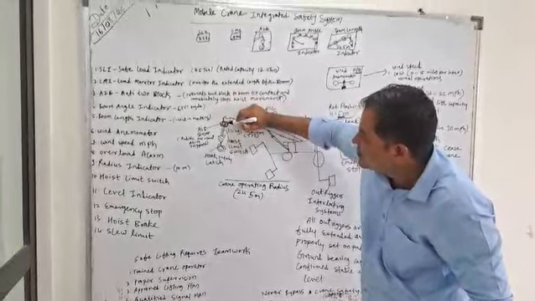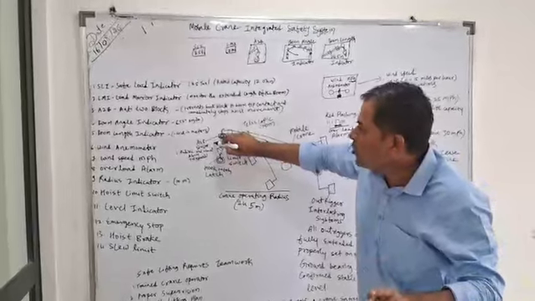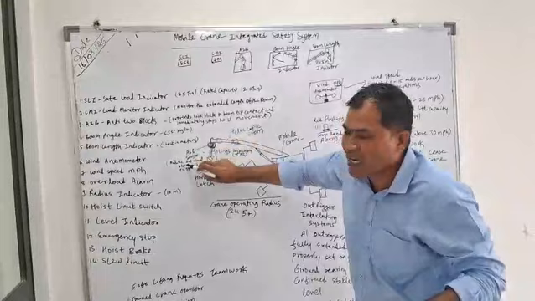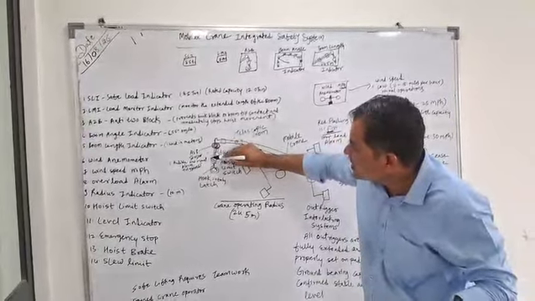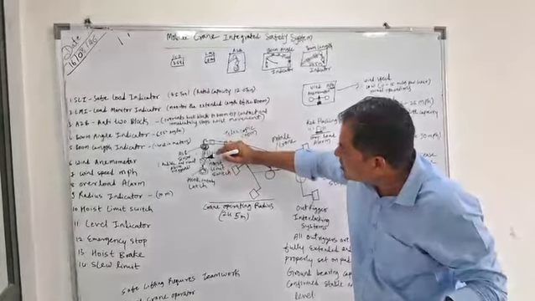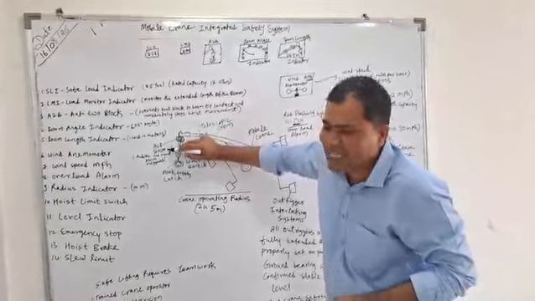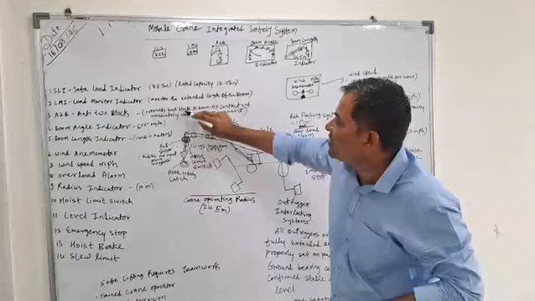The work of A to B, the anti-blocking system, is to give audible and visual alarms. The hoist limit switch is also over here, and the anti-two blocking system is connected with the sensors. Its work is to prevent two-blocking of the hook block.